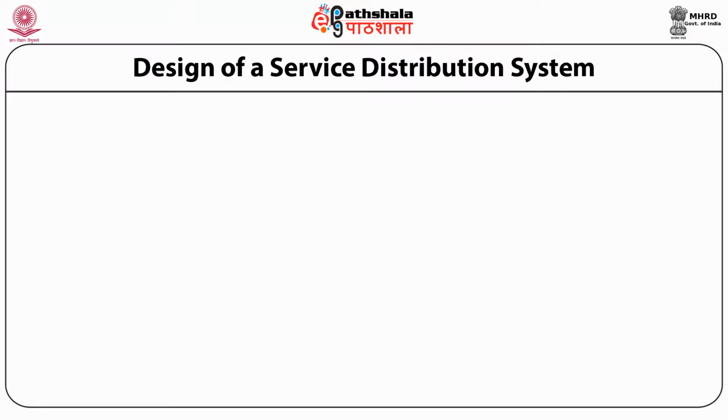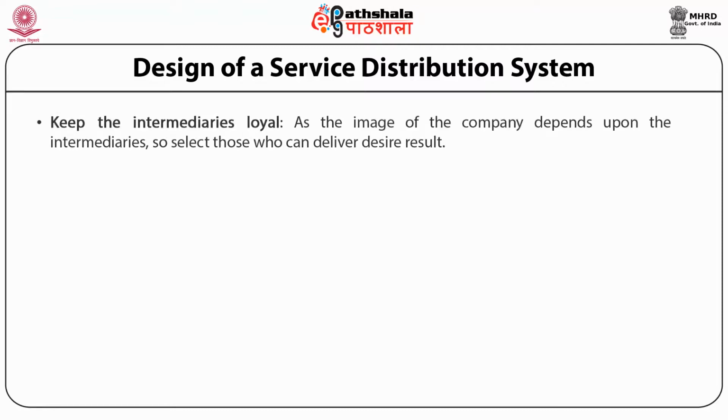Another important point we should keep in mind in designing a service distribution system is keeping the intermediaries loyal. Because it is an era of competition, if you have intermediaries, your agents and brokers, if they are not loyal to you, they are likely to be influenced by the competitors, and you never know where they are leaking your information and giving gain to the competitor.